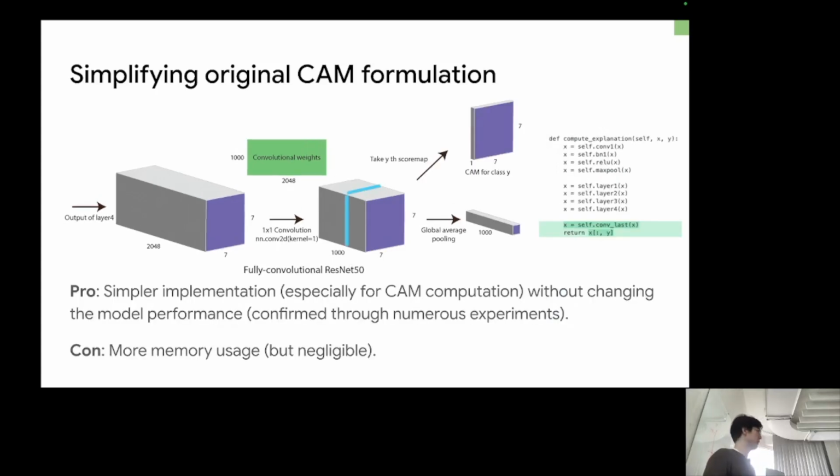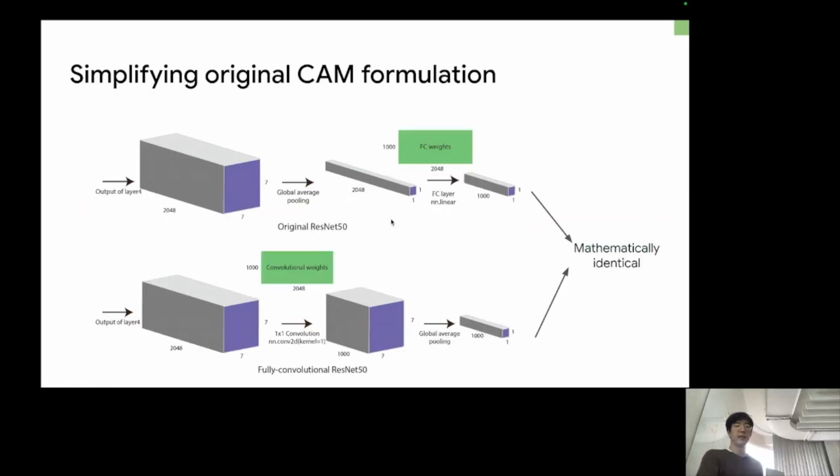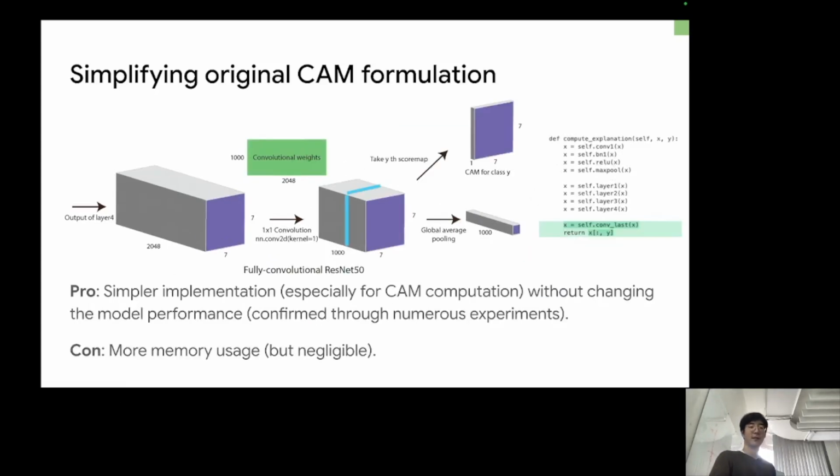The pro is a simpler implementation, and it also gives you the same accuracy, up to some numerical error. Maybe the con is that you're using more memory by doing this, but this is negligible, I would say. So I don't care so much about that.